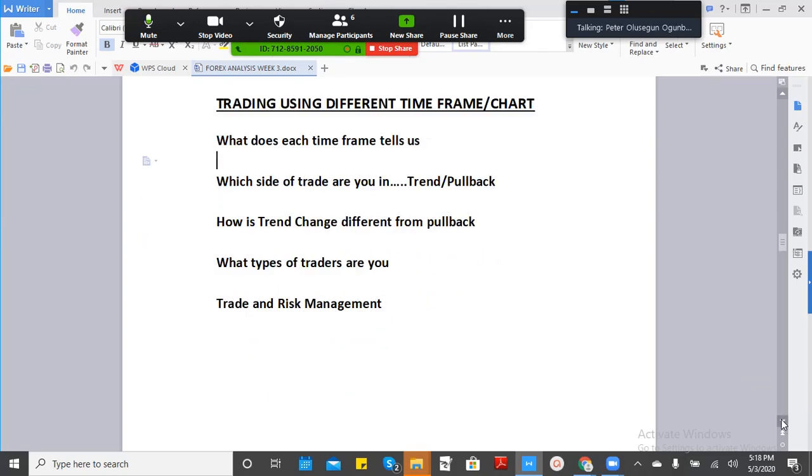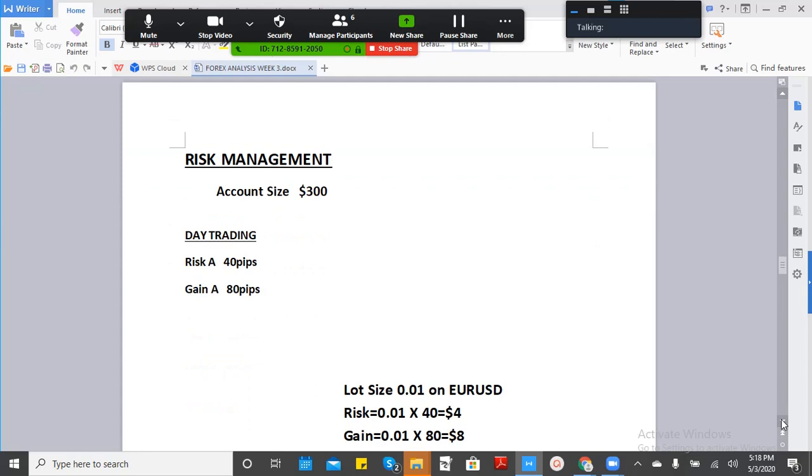Assuming your account size is $300, and like I told us, ideally we should do 0.01 per $50. And you want to do a trade.